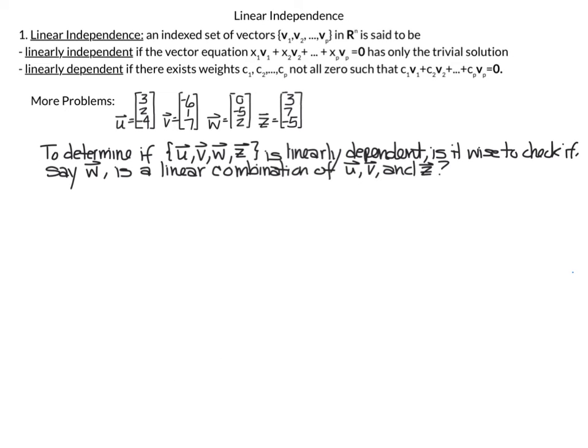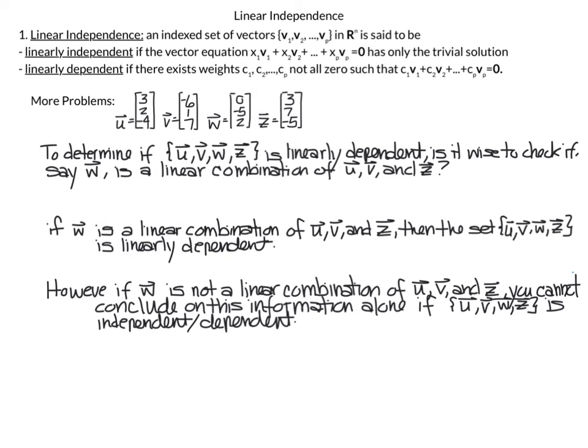The next question also refers to the same four vectors, to determine if u, v, and z is linearly dependent. Is it wise to check if, say, w is a linear combination of u, v, and z? If w is a linear combination of u, v, and z, then you can say that the set u, v, w, and z is linearly dependent.